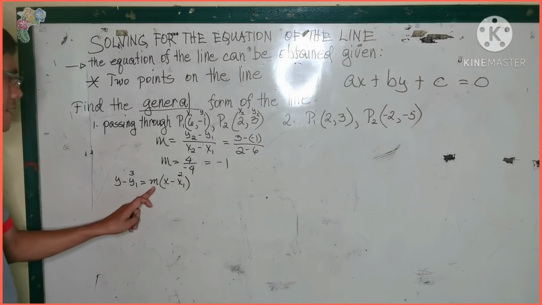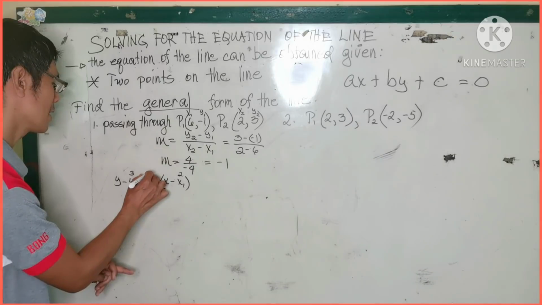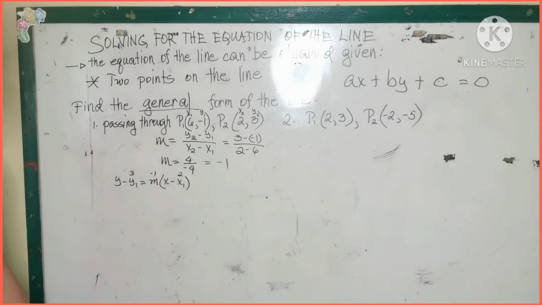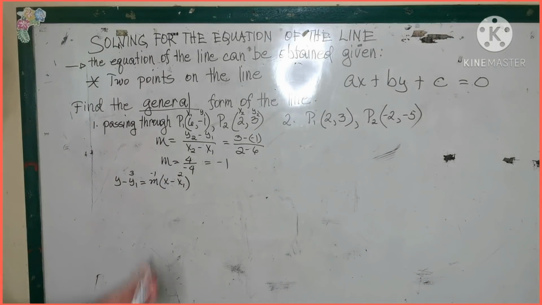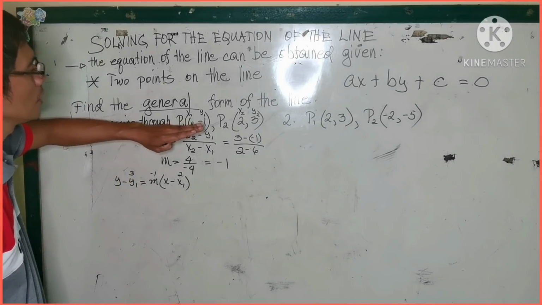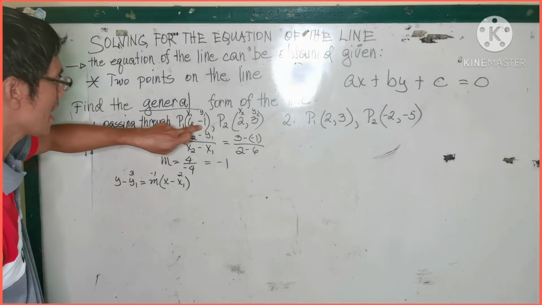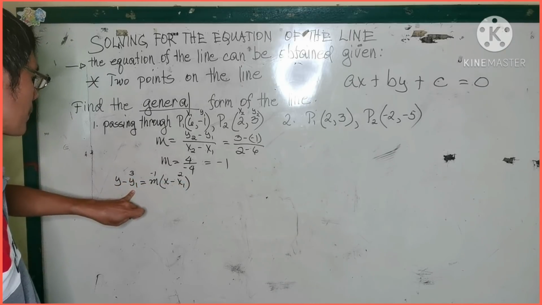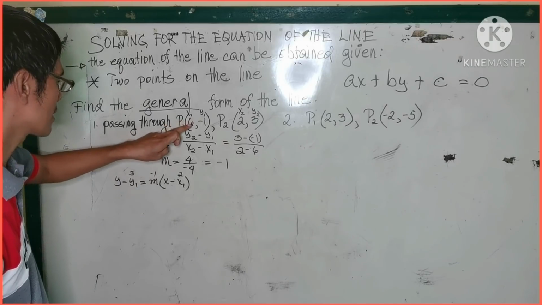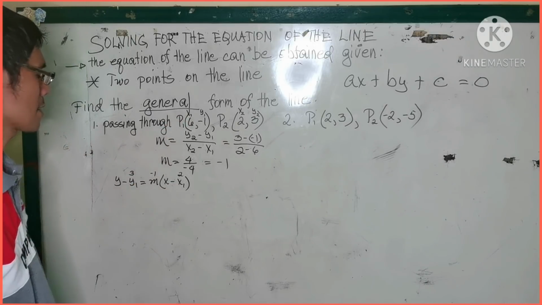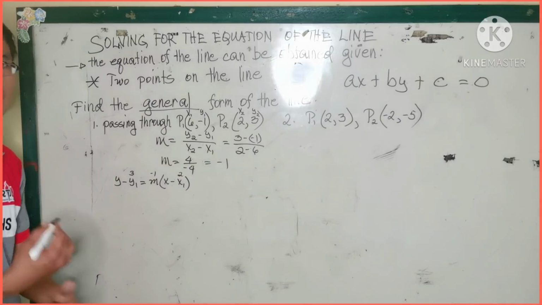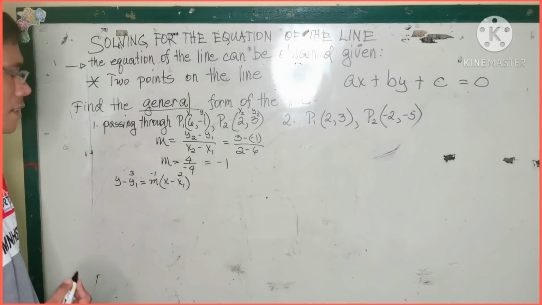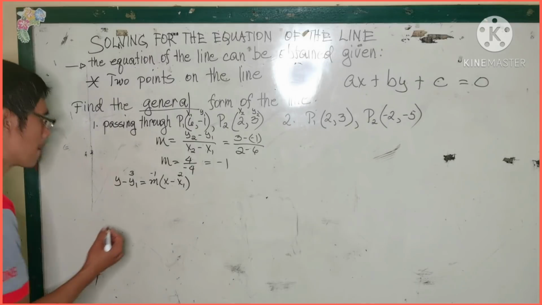And of course, this is slope, and that is your negative 1. So substituting, although you can also make use of your negative 1 as y sub 1 and 6 for your x sub 1. Parehas lang. You will still be getting the same answer.